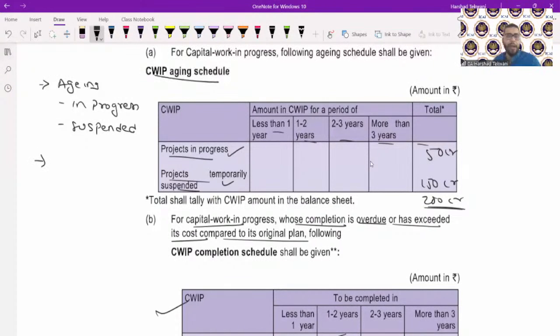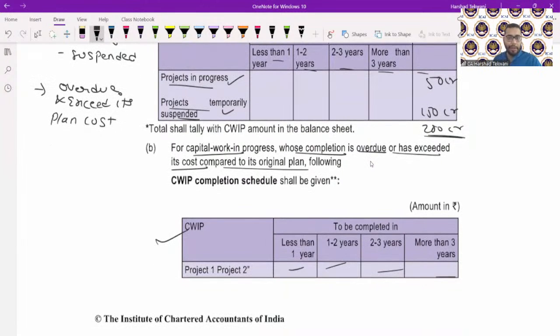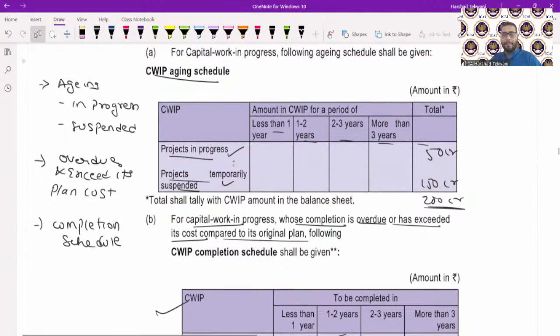Second, you need to provide overdue and exceeded plan cost, what was budgeted in the original plan. Third, completion schedule. These three things. One, aging, with a bifurcation between in progress and temporarily suspended. Second, overdue and exceeded planned cost.